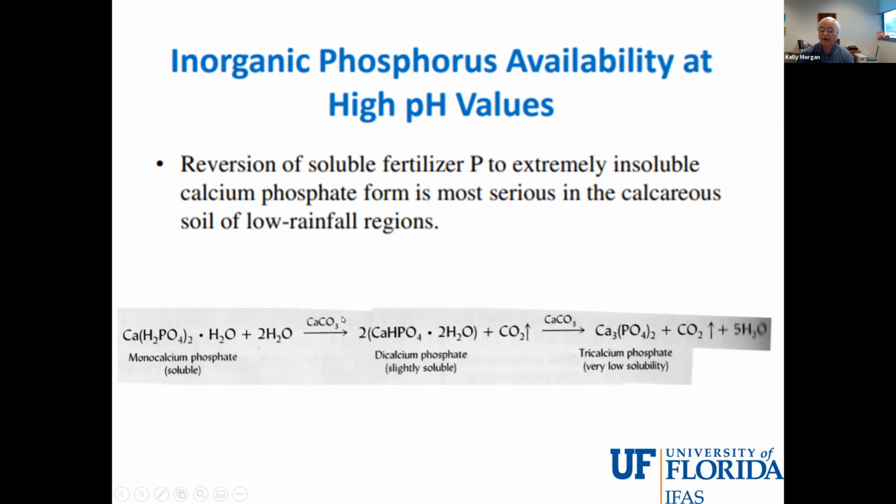But at higher pH, where you have calcium carbonate, such as in South Florida, it goes to a slightly soluble form and then a very low soluble form. And that's why it's very difficult to go back the other direction just by lowering pH.